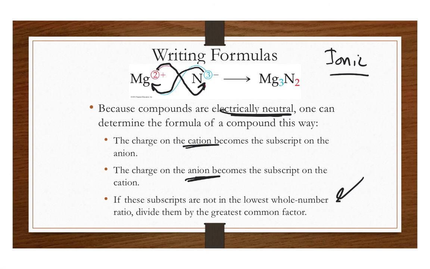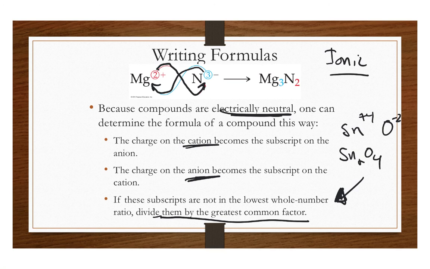If the subscripts, when you do that, are not in the lowest whole number, we make them the lowest whole number. So for example, if you had Sn+4 combining with O-2, swapping them would give us Sn2O4, but we want to reduce that, so we would get SnO2.